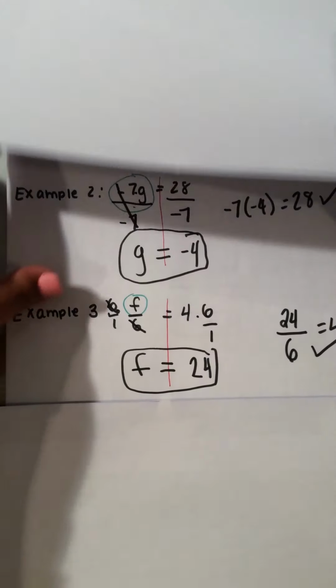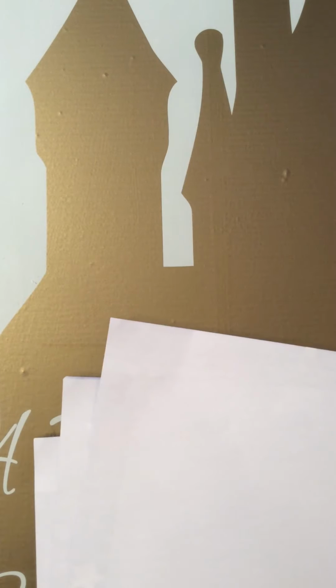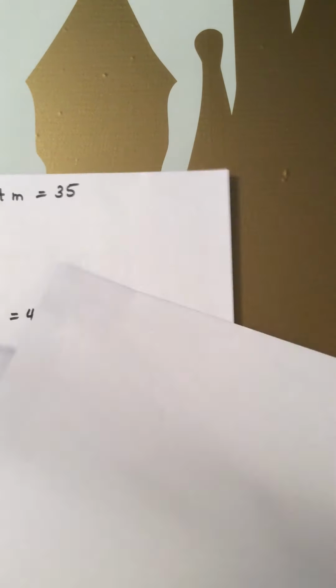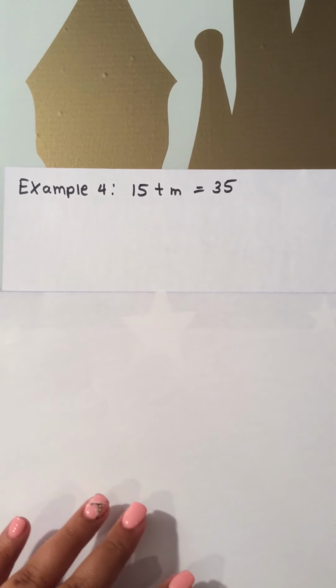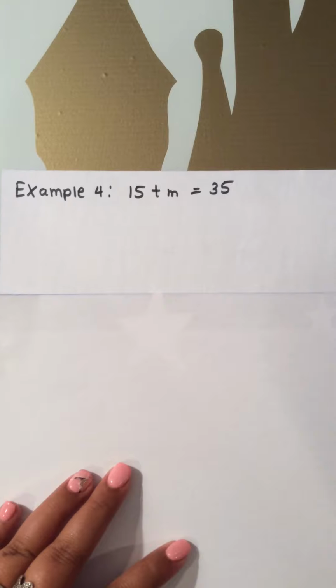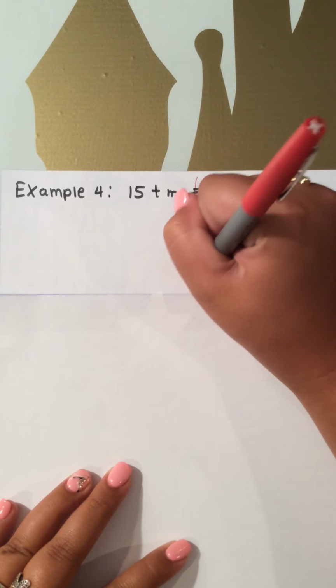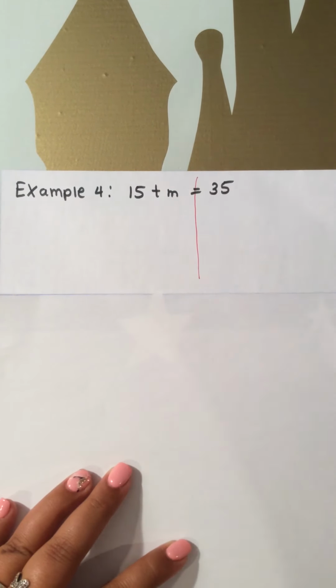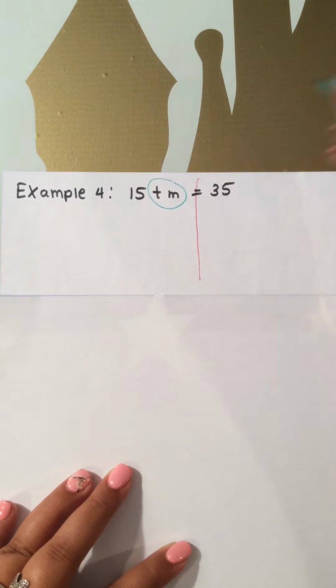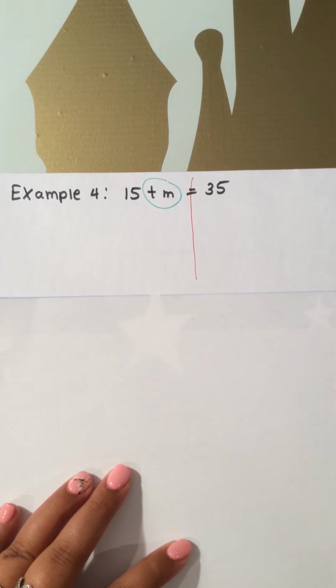Okay, let's do some more examples. We got 3 more. Okay, example 4. Example 4, now we have 15 plus m equals 35. I'm going to draw the line down the equal sign, circle the variable, and I'm going to take that sign just in case it's negative.